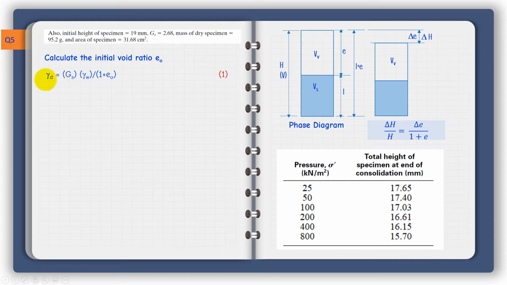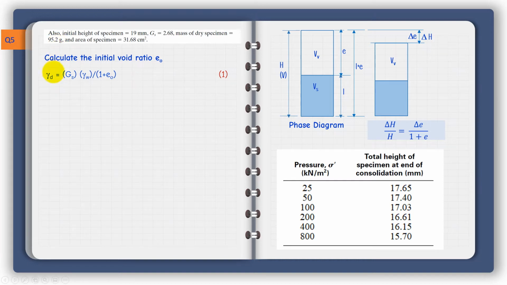Let us first calculate the initial void ratio e naught. The formula that we need to know, you can memorize it, but normally it is given in an exam or in a textbook. We have four quantities here; if we ignore the water as being of known unit weight, we have three quantities.